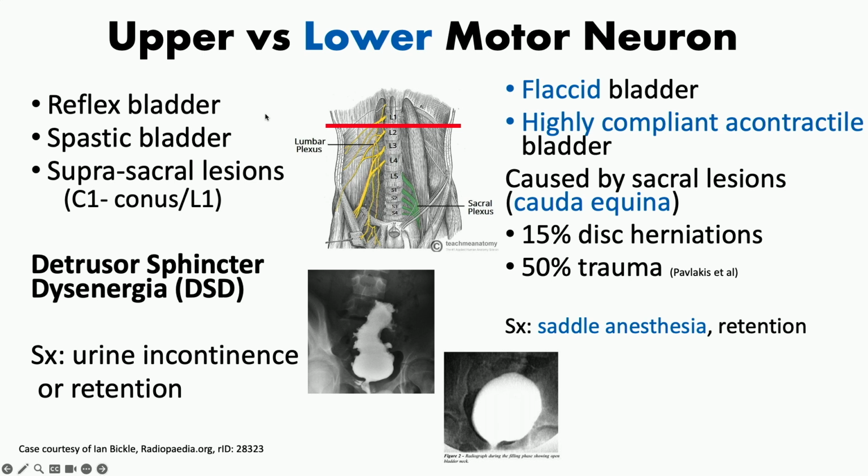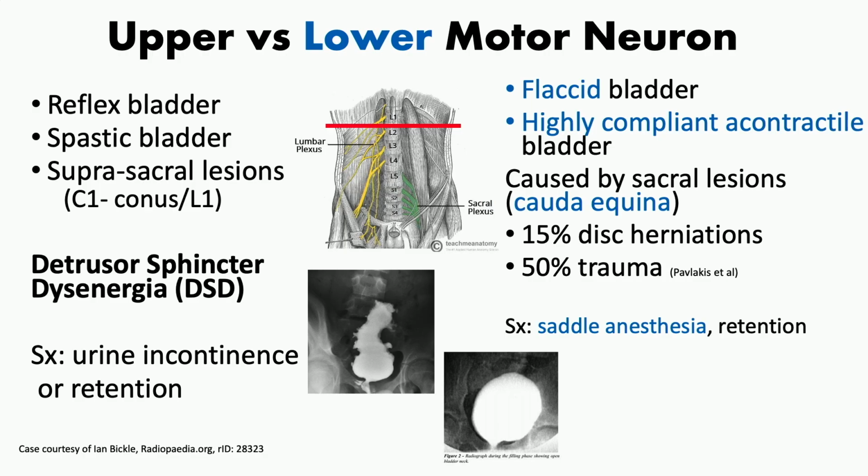Those are the suprasacral lesions that also lead to something called detrusor sphincter dyssynergia. Normally it's very coordinated: the sphincter has to open before the detrusor muscle contracts, so that urine can flow through and be excreted.